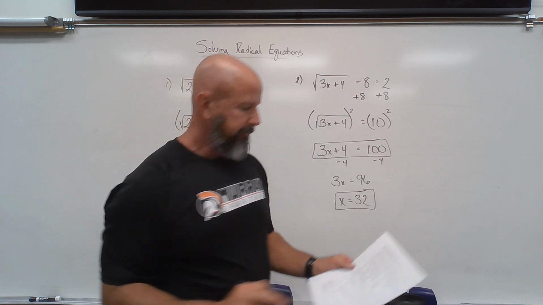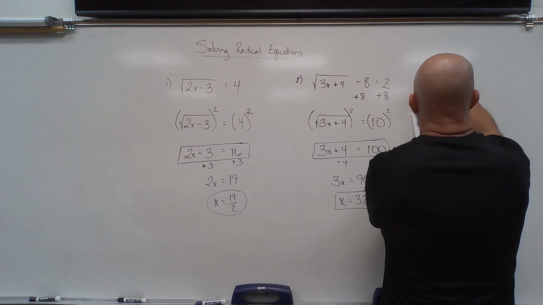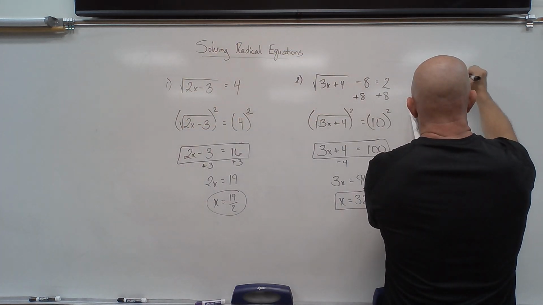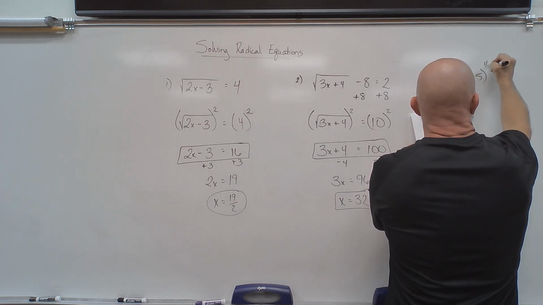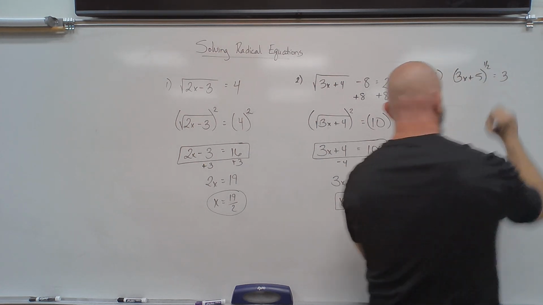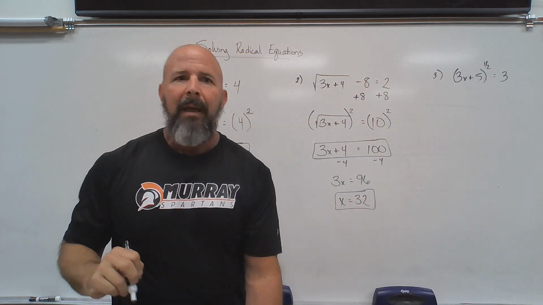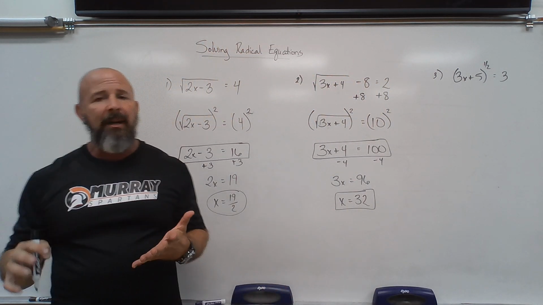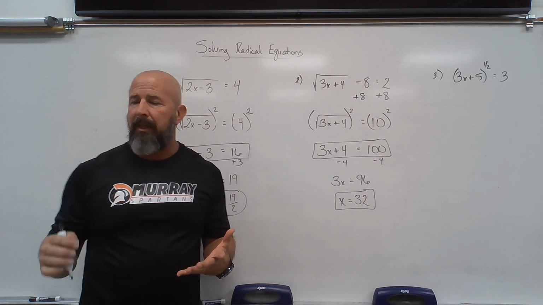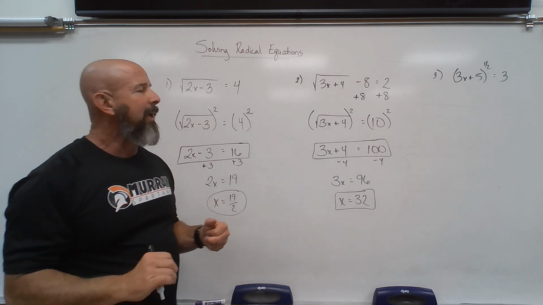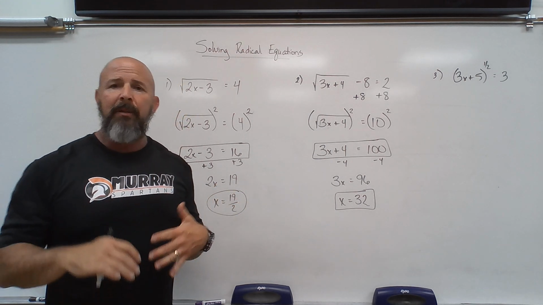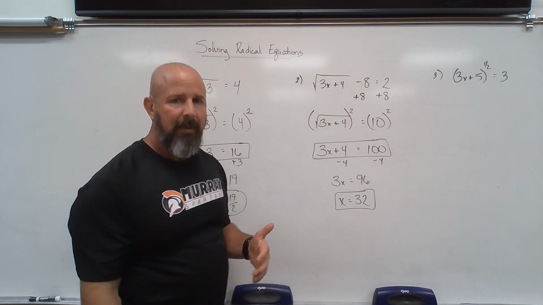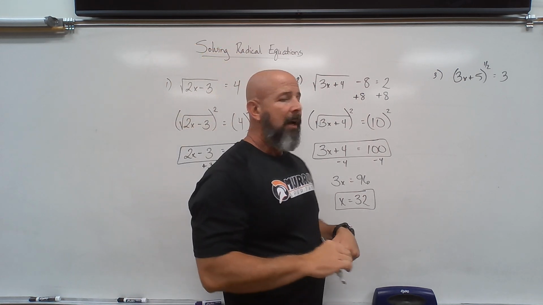Slightly different look. Let's say 3x plus 5 to the 1/2 equals 3. Right? This is still a radical equation. It has a square root in it. This is just written with that rational exponent. So I need to remember a 1/2 power is really still a square root.